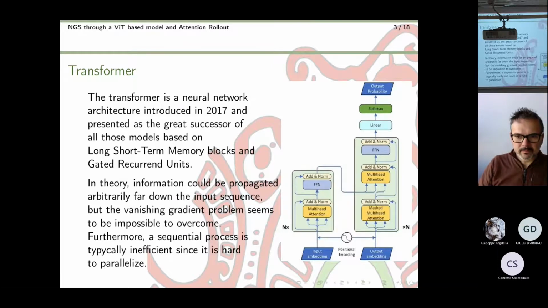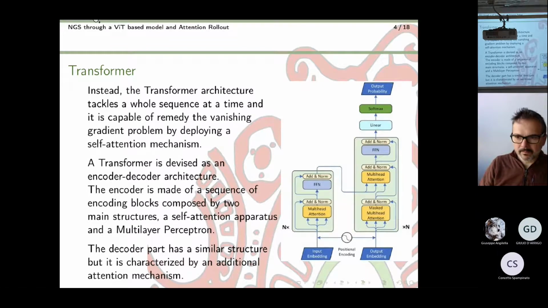And secondly, such models suffered from the problem of vanishing gradient, which seemed impossible to overcome. On the other hand, the transformer takes one sequence at a time, so it's quite easy to parallelize. And secondly, it resolves the problem of vanishing gradient by implementing a self-attention mechanism.